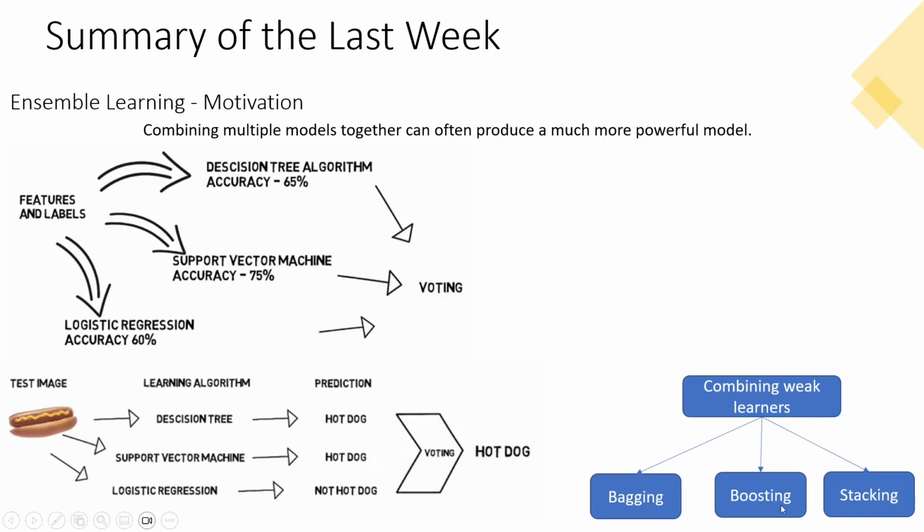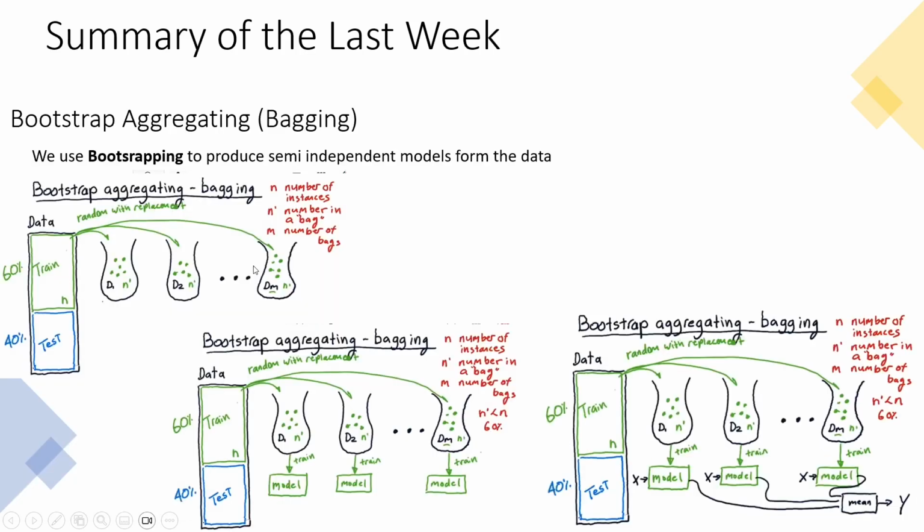One is bagging, one is boosting, and the other is stacking. Okay, and these 2 are homogeneous ensemble learning techniques, and this is a heterogeneous technique, which means you can stack the same kind of weak learner in these 2 algorithms, but in stacking you can basically, as we did here, use different kinds of weak learners.